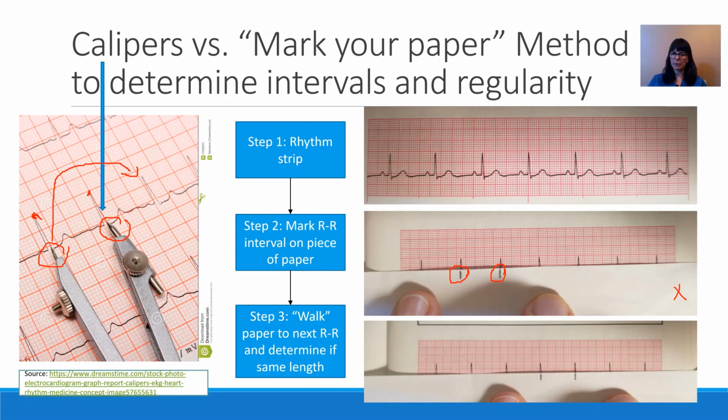So this white paper here is obscuring part of this rhythm strip, so the white paper is lined up right there. And then I've marked these R to R complexes, and then simply I've just moved the paper over to the right. And if these lines here line up with the R segments, that means that they're the same length and that the rate is regular.